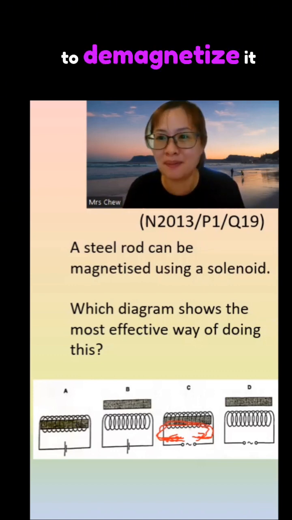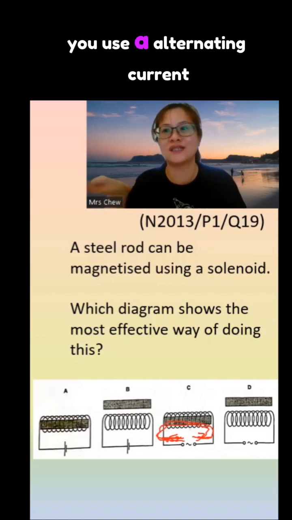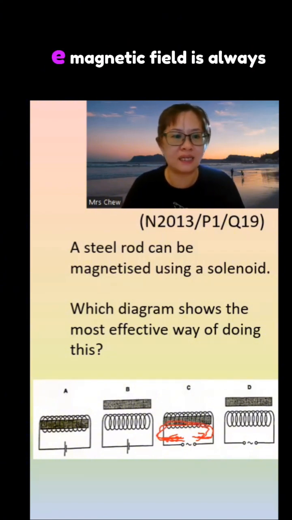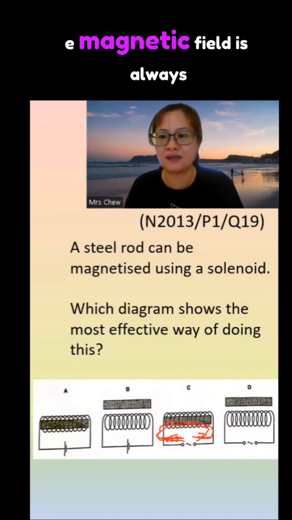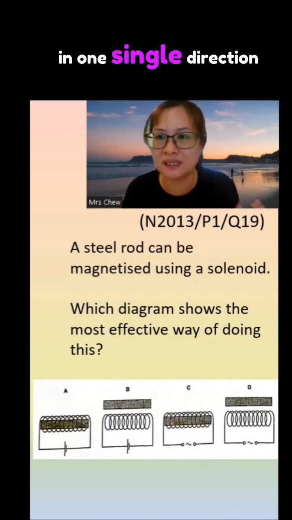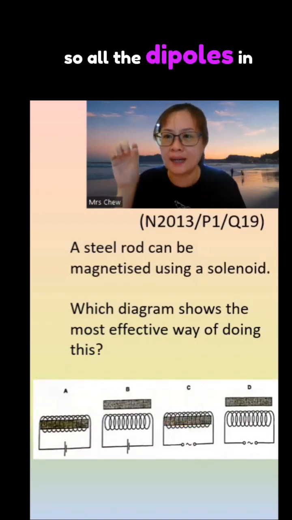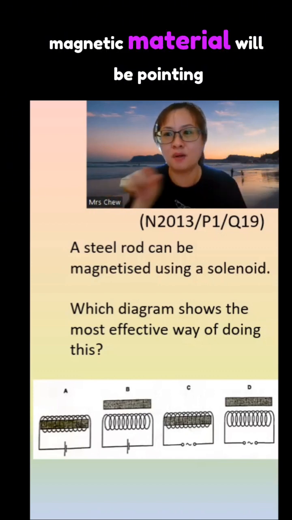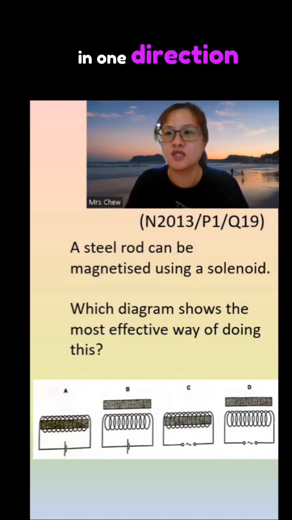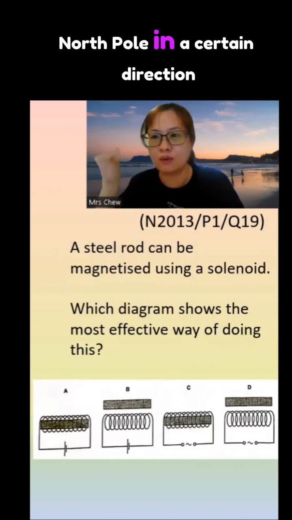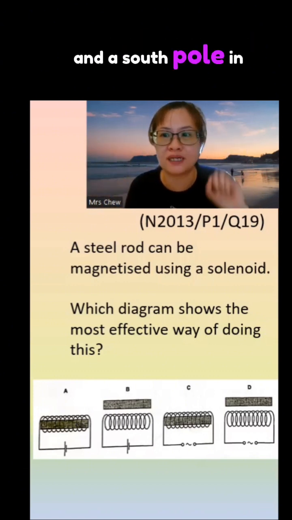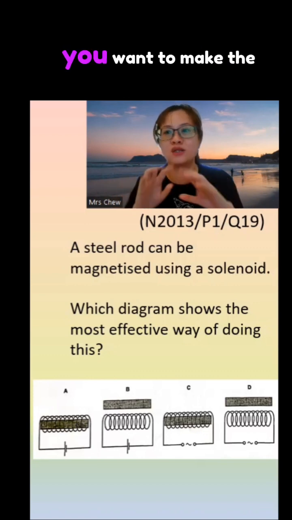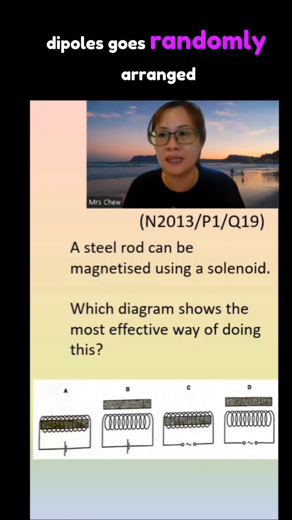When you want to demagnetize it, you use an alternating current, because for a direct current, the magnetic field is always in one single direction. So all the dipoles in the magnetic material will be pointing in one direction. So we will have a north pole in a certain direction and a south pole in a certain direction. If you want to demagnetize it, you want to make the dipoles randomly arranged.